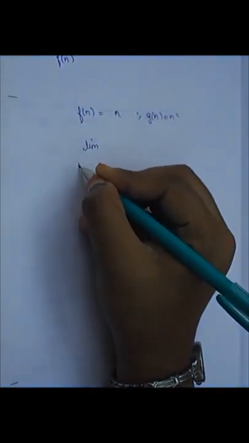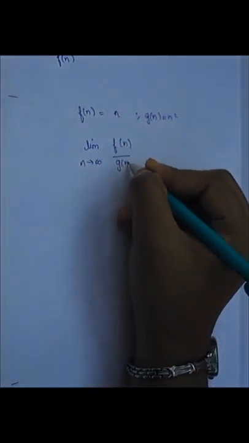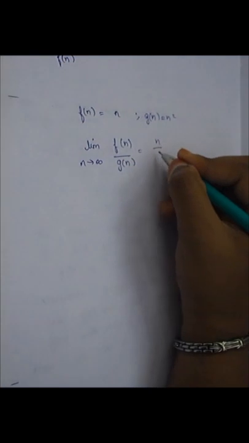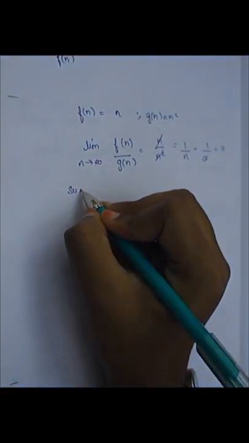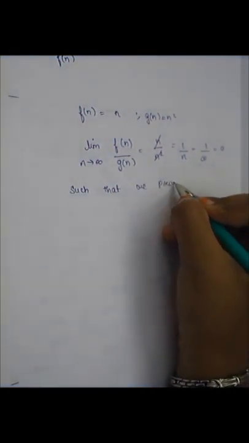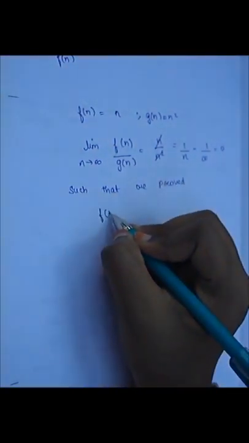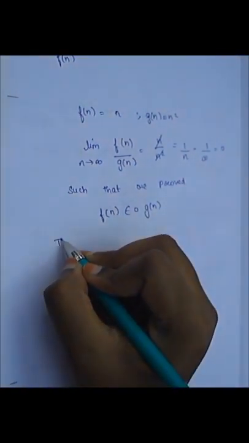Now limit n tends to infinity, f of n by g of n is equal to n by n square. If you cancel, we will get 1 by n. By substituting the limit, 1 by infinity is equal to 0, such that we proved f of n belongs to small o of g of n.